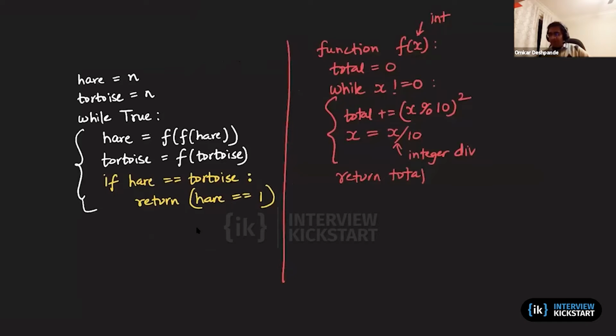When we say f of hair, this is calculated, and then the return value is passed into the same function one more time. So it's just a two-level thing. The definition of f of x is not calling itself, so there's no recursion in that sense. Okay, I got it. Thanks.